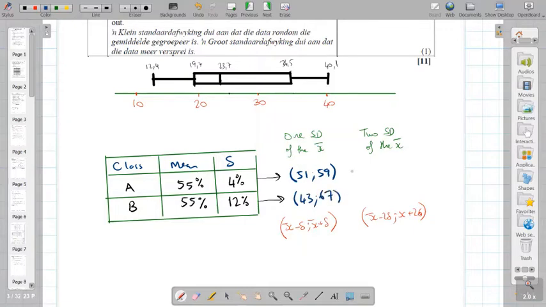And if you add and subtract one more 4, the first one gives us 47, and then if you add one more 4, it is 63. And in the second one, if you add and subtract another 12, that will be 31. And if you add another 12, it is 79.